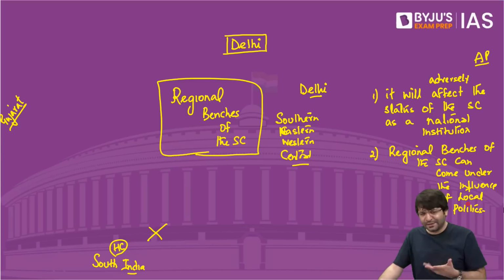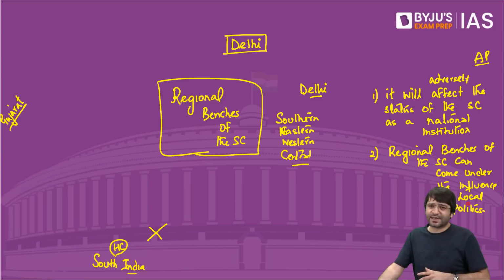Supreme Court said we may have agreed with the suggestion to set up regional benches in 4 different areas apart from Delhi so that justice becomes easily accessible. But we don't agree with the suggestion for 2 reasons. Reason number 1, if we have regional benches of the Supreme Court, that means the Supreme Court is not a national institution. It is now a regional institution as well.